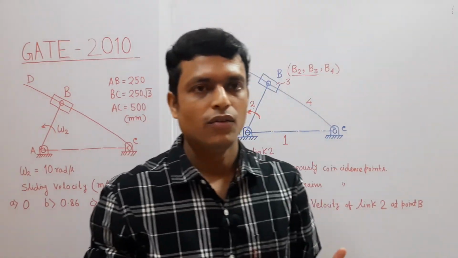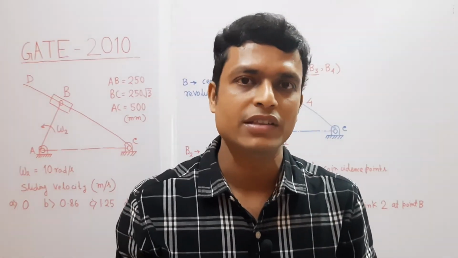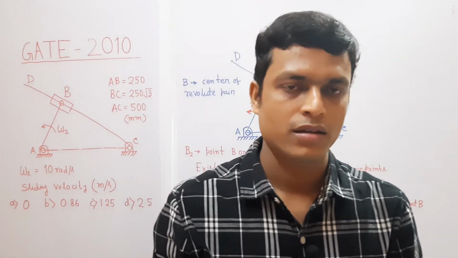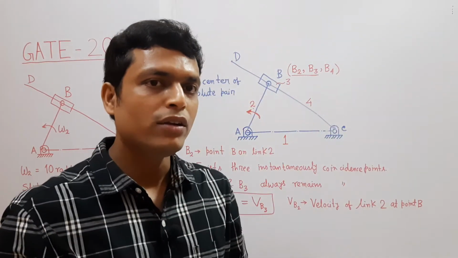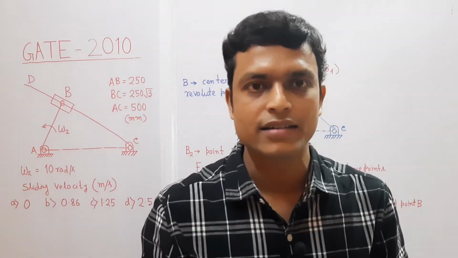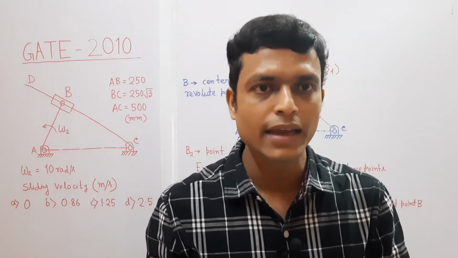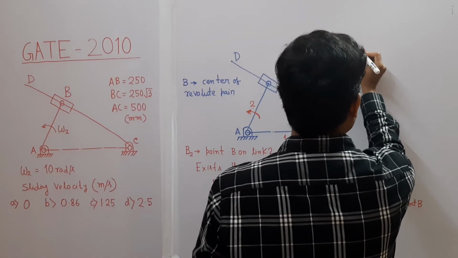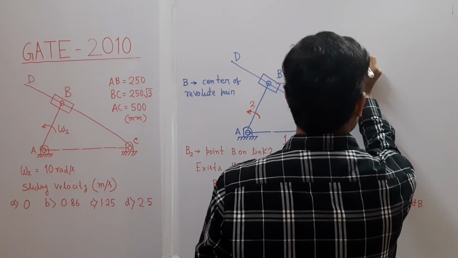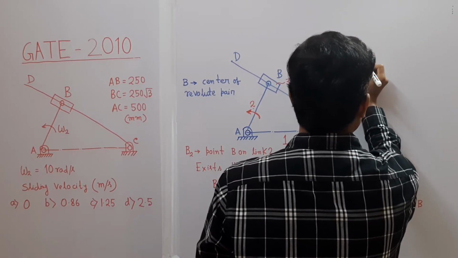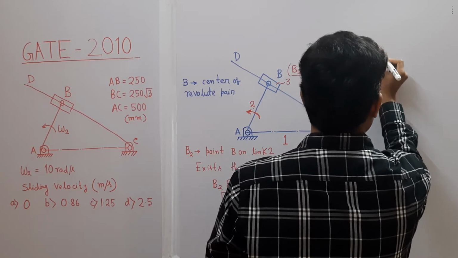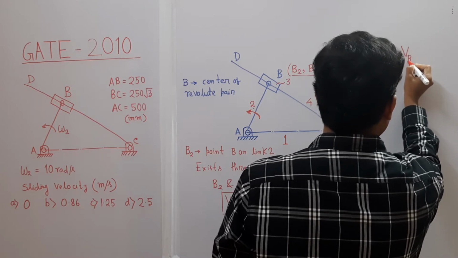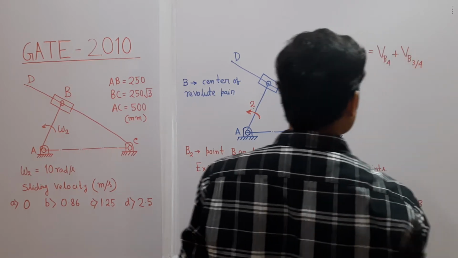Until this, we have applied relative velocity method between 2 points on a same rigid body. But here we are going to apply the relative velocity method between 2 different links at a same point. What is that? Now we are writing the relative velocity equation as VB3 is equal with VB4 plus VB3/4.